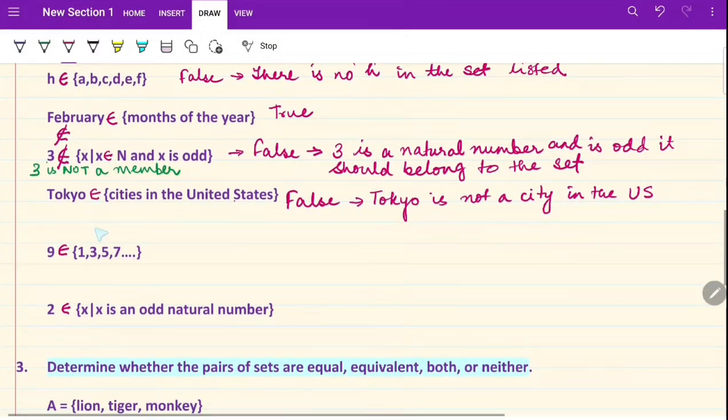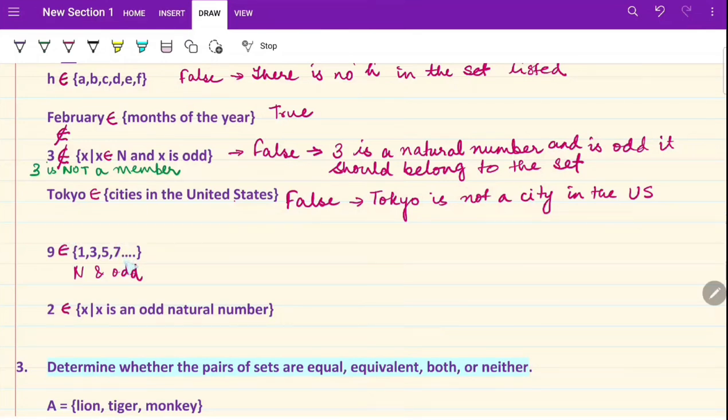The next one says 9 is a member of or belongs to the set 1, 3, 5, 7, followed by ellipses. So we look at the elements and understand the properties. It's in roster form, so 1, 3, these seem to be all odd numbers, and also natural numbers, right? They are natural numbers and odd. So yes, 9 should belong.